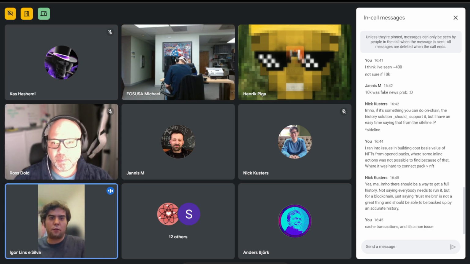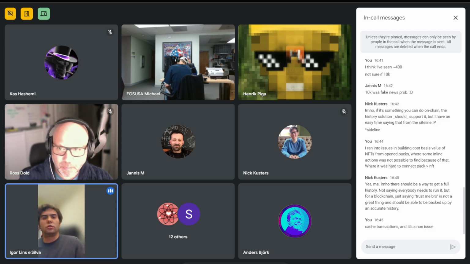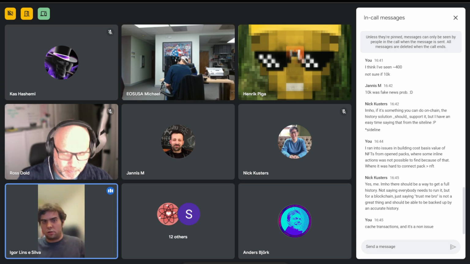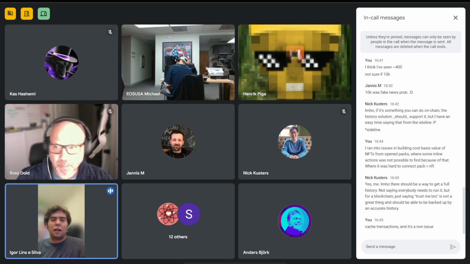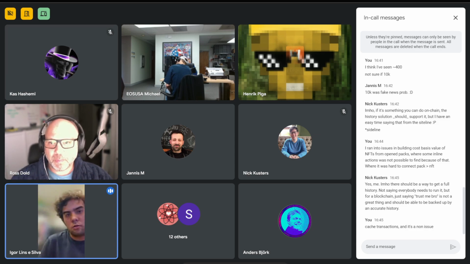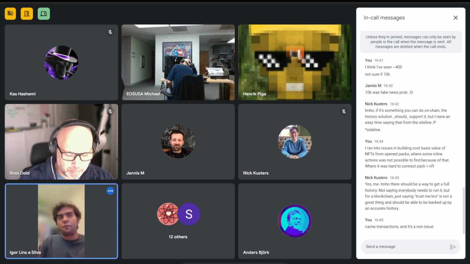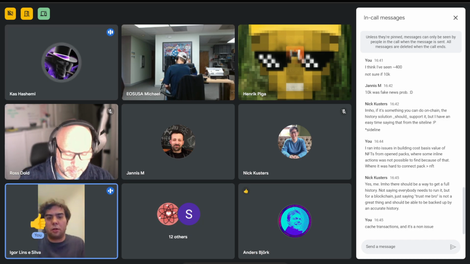When you open it, you pay for the RAM for that. It could be temporary, and later the user can reclaim some RAM if they want from their state. There are various systems on that. We had an NFT platform running on another chain where we used some of those techniques, so we didn't rely at all on any kind of history solution for user experience, and it worked well. There are ways to do it.